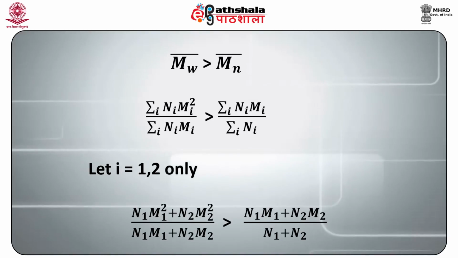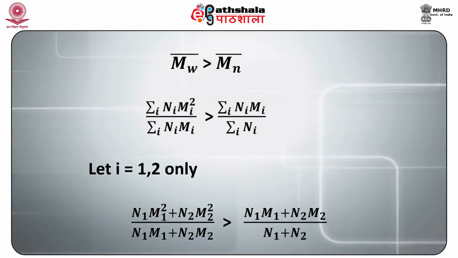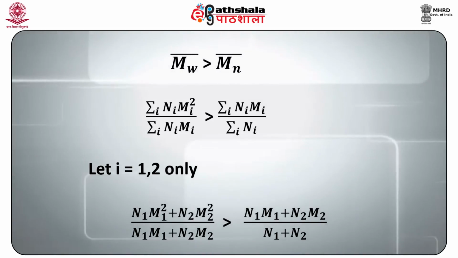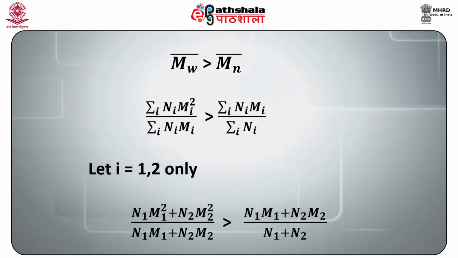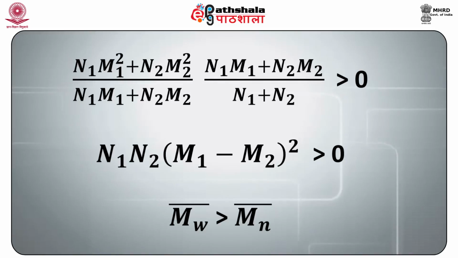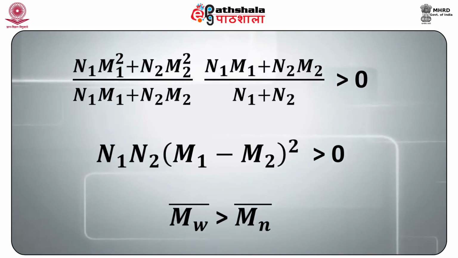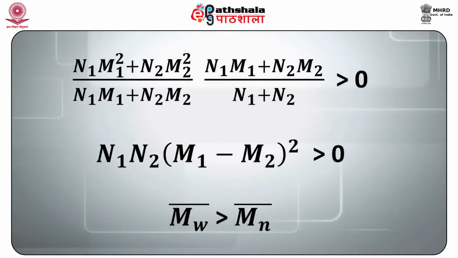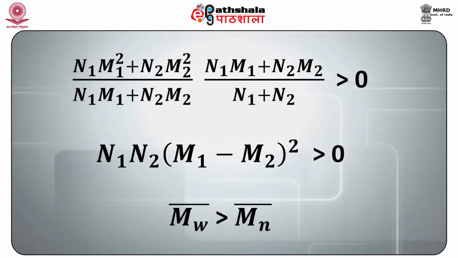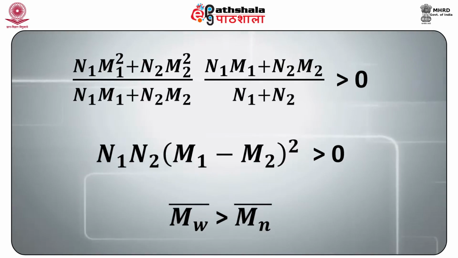Then N1 M1 square plus N2 M2 square divided by N1 M1 plus N2 M2 becomes greater than N1 M1 plus N2 M2 divided by N1 plus N2. Or N1 M1 square plus N2 M2 square divided by N1 M1 plus N2 M2 minus N1 M1 plus N2 M2 divided by N1 plus N2 is greater than 0.